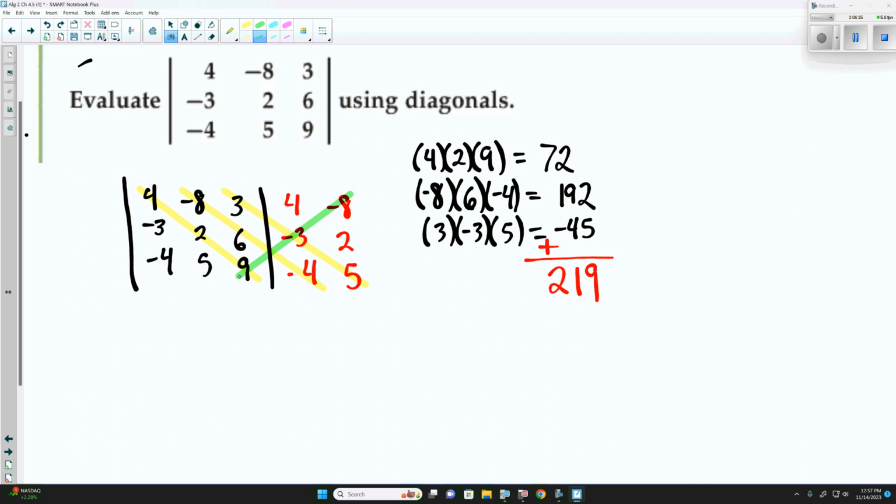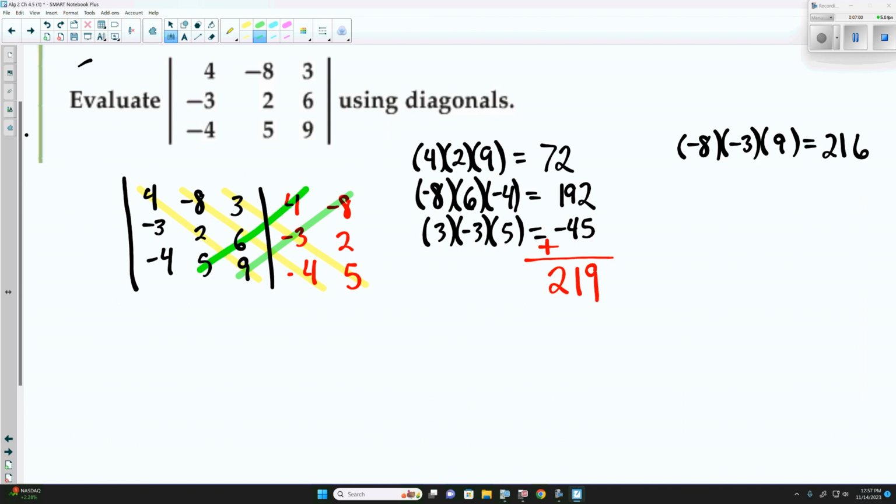Now we're going the other direction because we have to go from the right to the left. So our first one would be negative 8 times negative 3 times 9. That's 216.